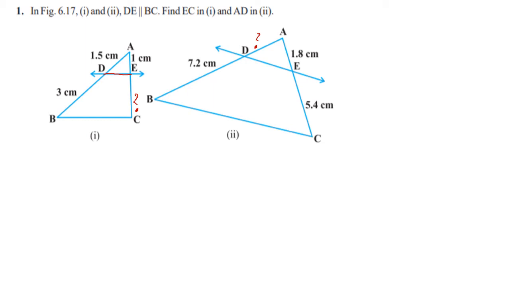Now how are you going to find? We know if DE is parallel to BC, then the sides, AD by DB should be equal to the other two sides, that is AE by EC.